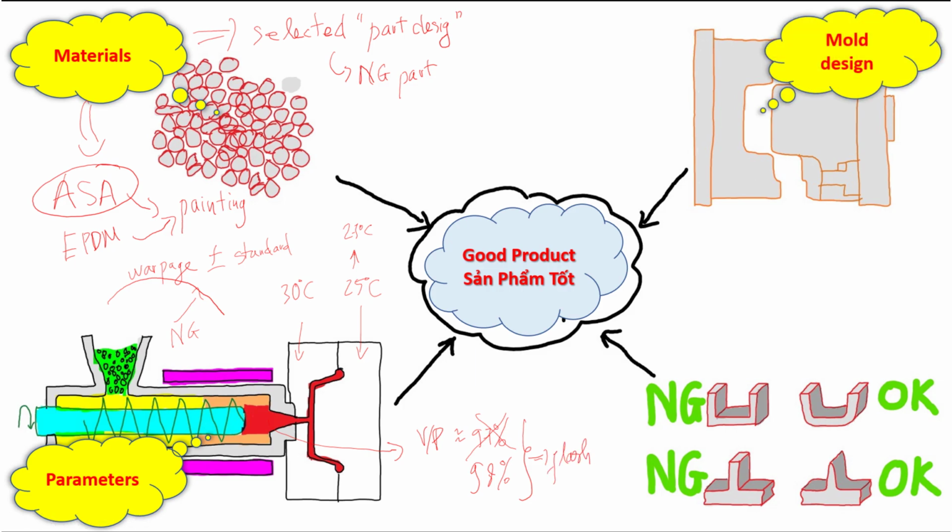And the third belongs to mold design. Let me show some cases to you. Case 1, you need to design a big insert because it is a very big part. With big inserts, maybe you need to design a cooling channel inside the insert to reduce heat, but you don't design cooling.